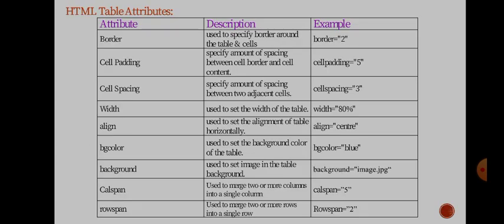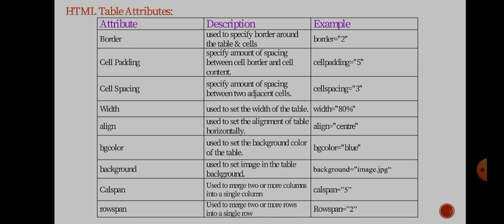And the next one, HTML table attributes. In this list, the first one is border. I also discussed about HTML border. HTML border is used to specify the border around the tables or in the cells. For example, I am giving the border value is equal to 2.